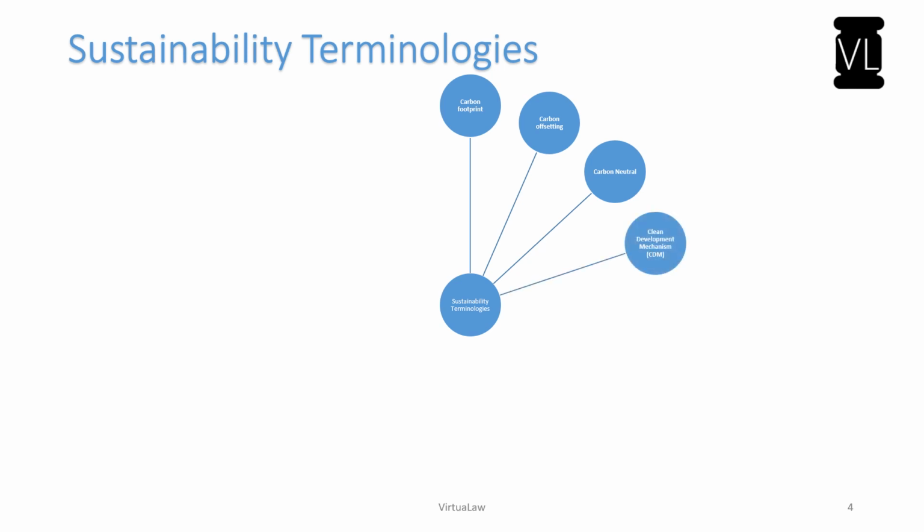Next, clean development mechanism. So what is this concept of clean development mechanism? Clean development mechanism is a byproduct of the Kyoto Protocol, wherein the developed countries are encouraged to engage themselves in certain clean development projects in developing countries, through emission reduction projects or emission limitation projects.